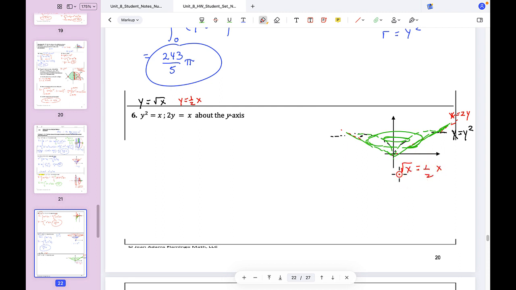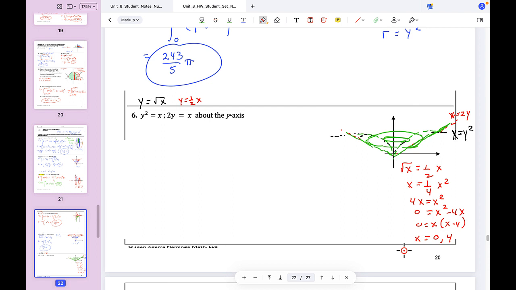I will square both sides, so we get x equals 1/4 x squared. Multiply by 4, so we get 4x equals x squared. So 0 equals x squared minus 4x. Factoring out an x, we get x times x minus 4. So we're looking at x equals 0 to 4.